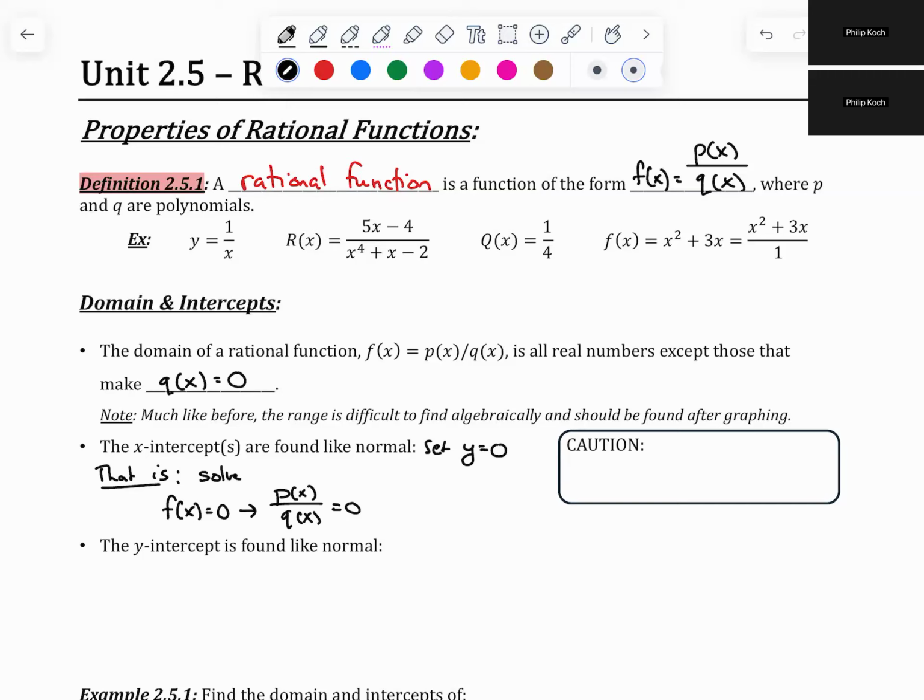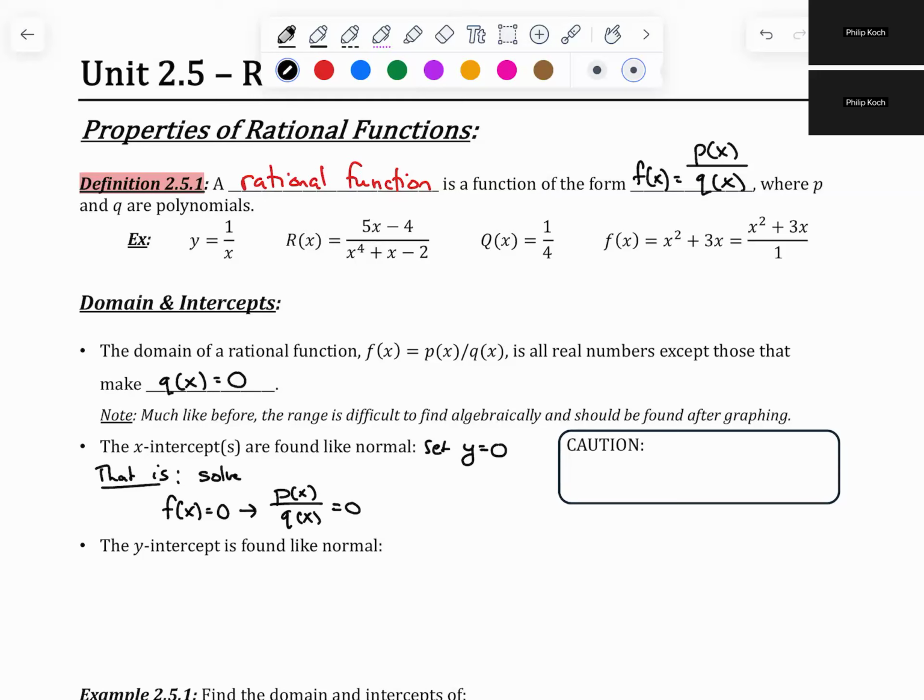Much like normal, you set y equal to 0 and then solve that equation. The y values and the function are synonymous. f of x and y are synonymous, so by setting y equal to 0, you're setting the function equal to 0.